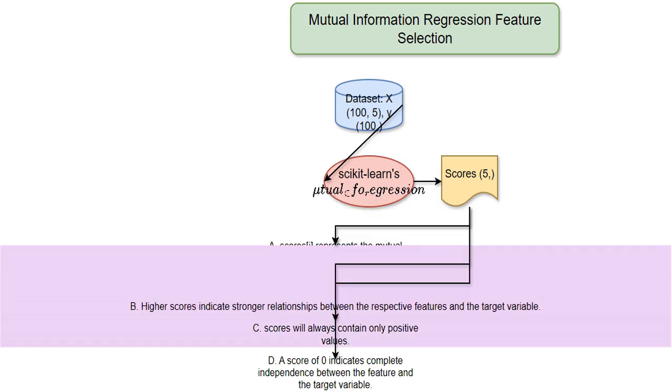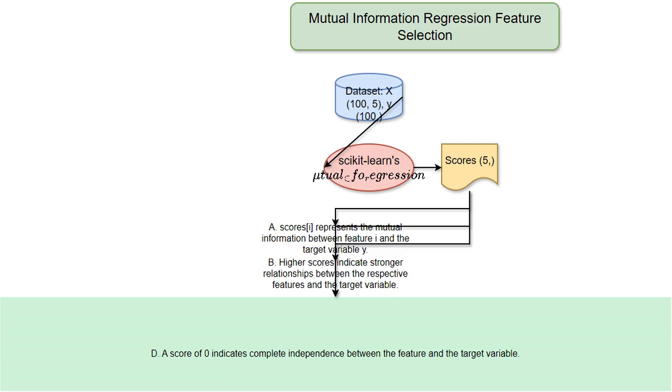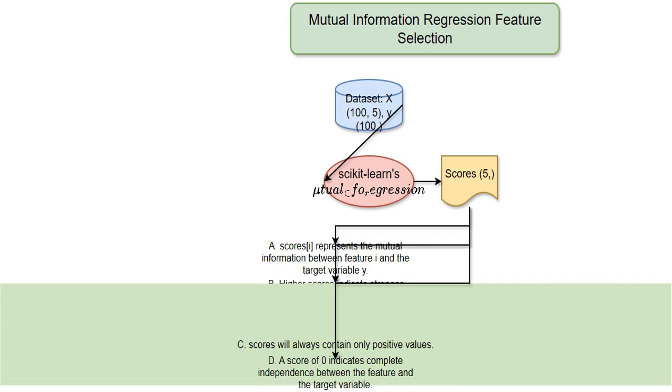A higher score means a stronger relationship between a feature and the target variable. A score of 0 means the feature is independent of the target variable. This statement is false because although mutual information is non-negative, numerical limitations might produce values close to 0.